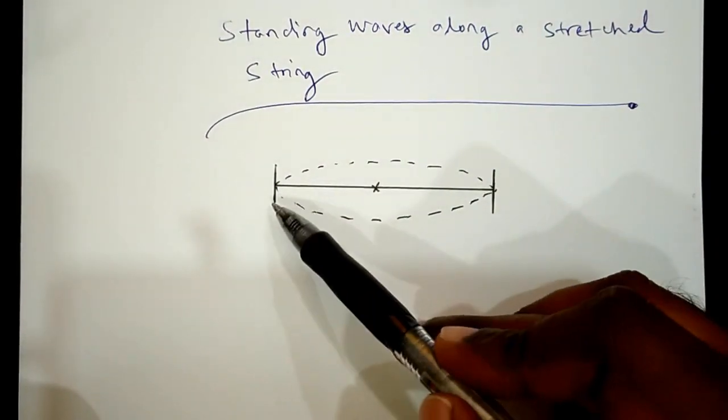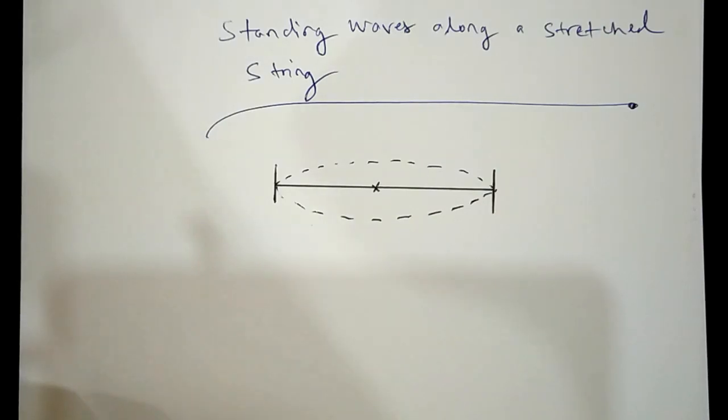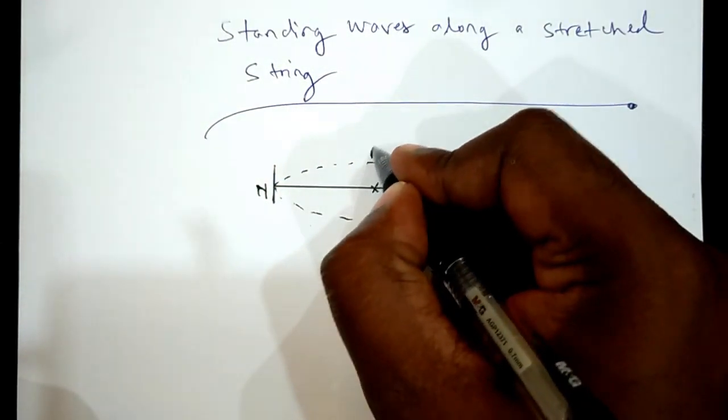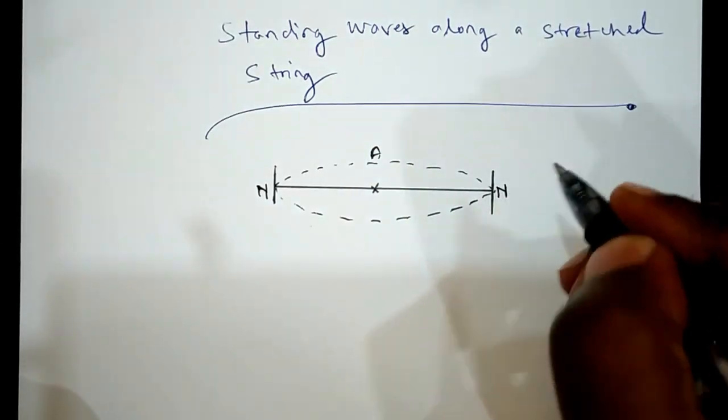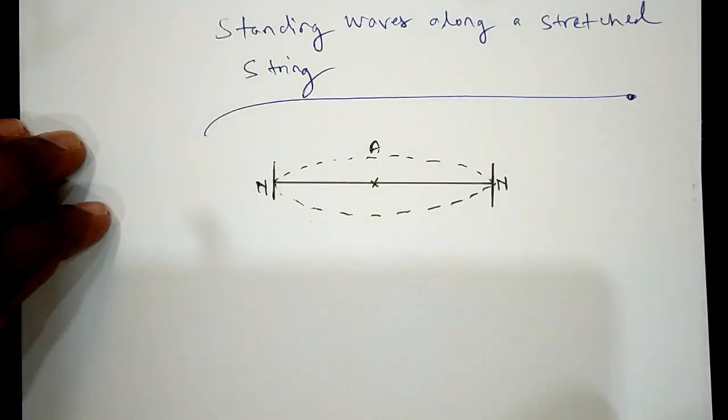It forms a waveform with node, antinode, node, antinode and node, for the formation of a standing wave.